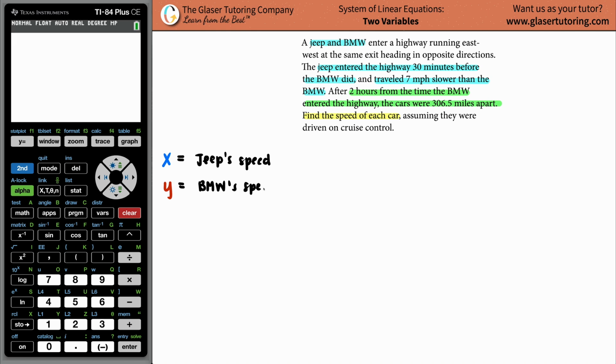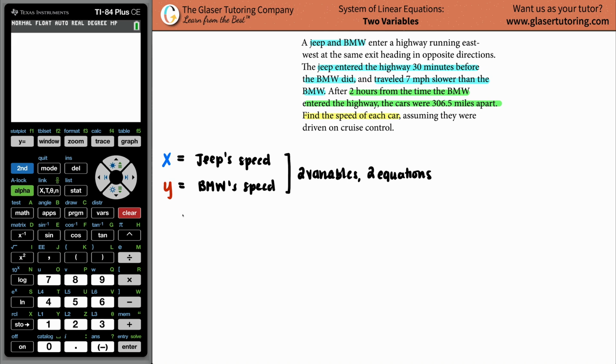Now here is a great rule of thumb: the total number of variables that you use equals the total number of formulas you have to write out. In this case, since we have two variables, we know that we have to write out two equations. If you had a system of equations with three variables, you're looking for three equations.